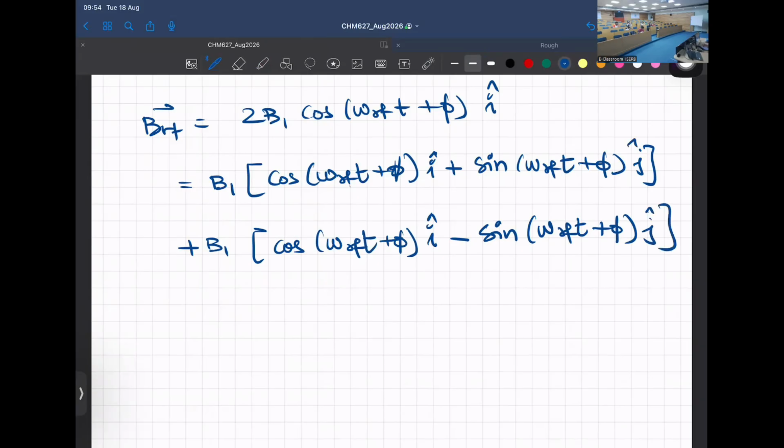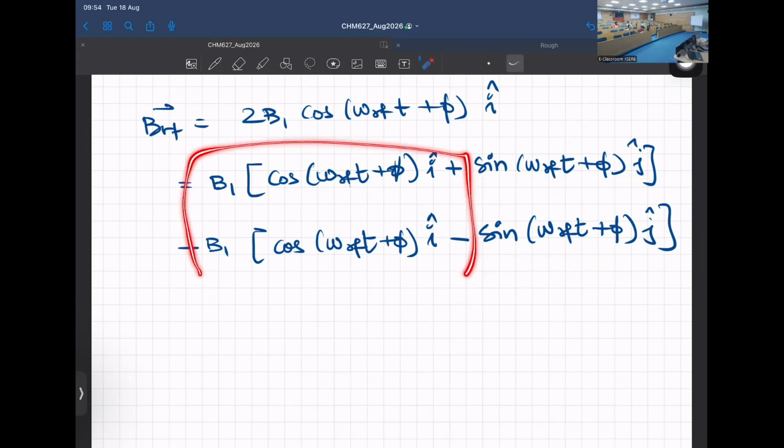What have we done? All we did was add and subtract a sine component to it. It still remains 2B1 cos(omega_RF t + phi) i cap.